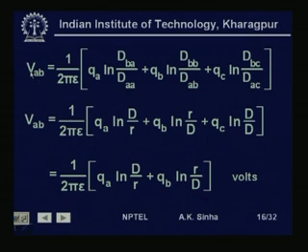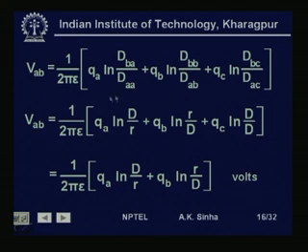So, let us find the voltage between A and B. VAB will be equal to, using the same relationship that we used earlier, 1 by 2 pi epsilon into, due to charge on conductor A, qA ln(dBA/dAA), due to charge qB, plus qB ln(dBB/dAB), that is the distance of conductor B to conductor B divided by the distance of conductor B to conductor A, and due to charge qC, ln(dBC/dAC), that is the distance from conductor C to conductor B and the distance from conductor C to conductor A.